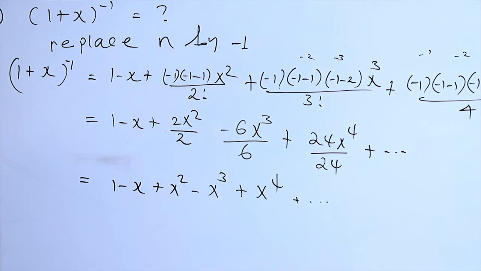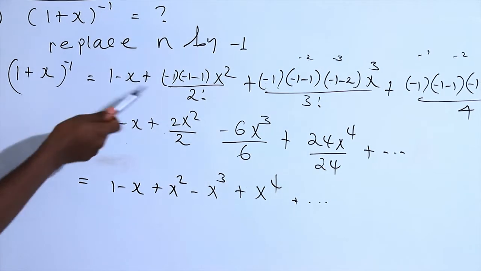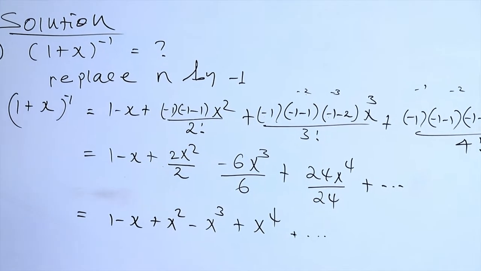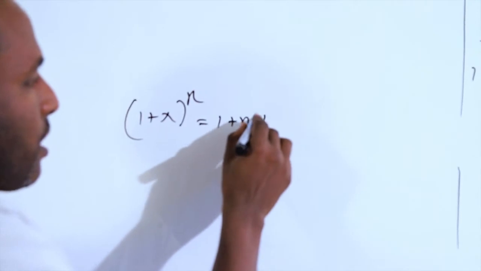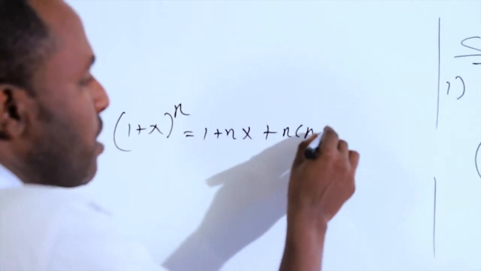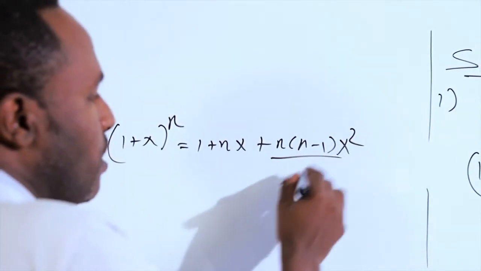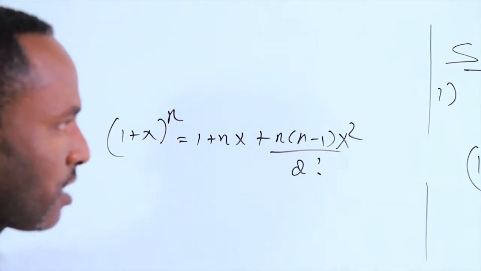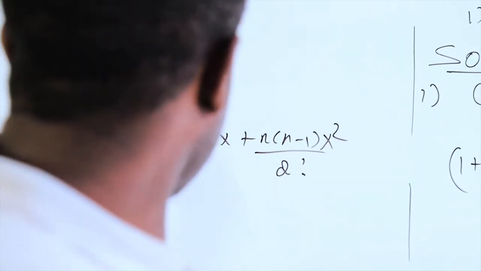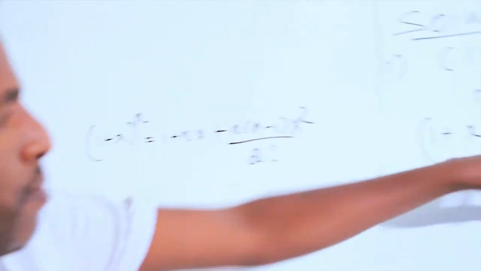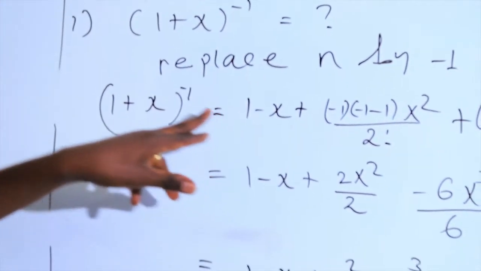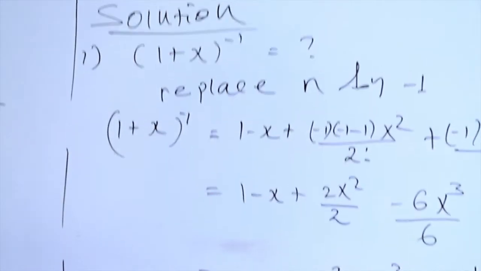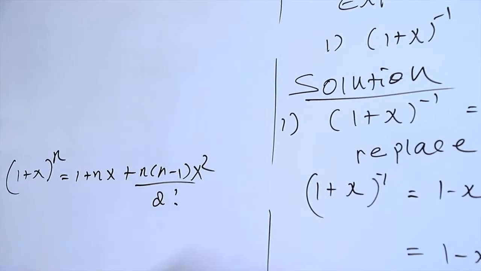This is the first formula we saw, 1 plus x to the power of n, which was 1 plus nx plus n into n minus 1 x squared over 2 factorial. For example, instead of n, we substitute negative 1. So here 1 plus, negative 1 is n, so negative 1 times x is negative x.